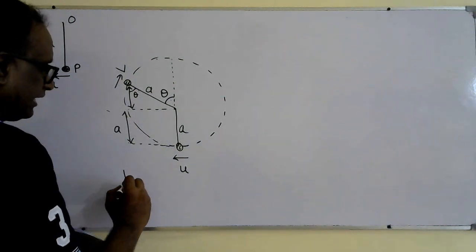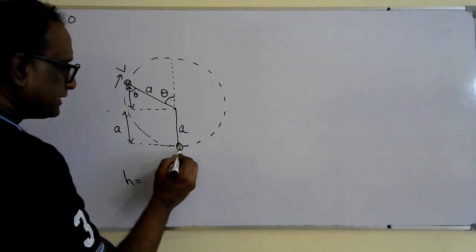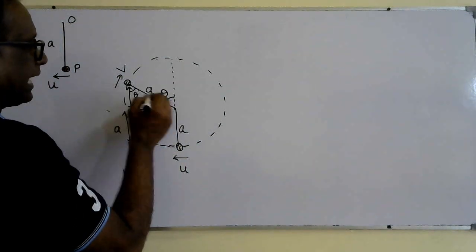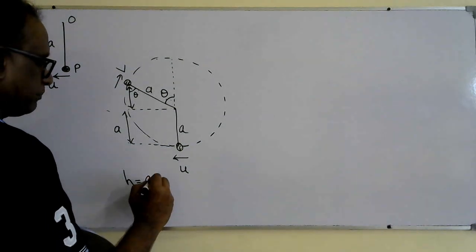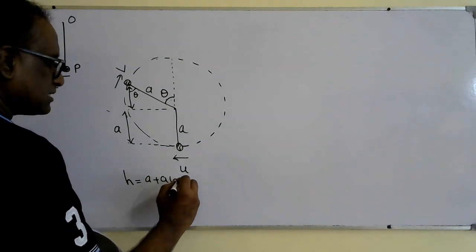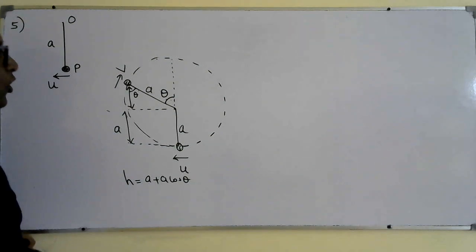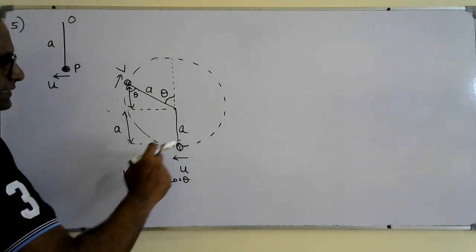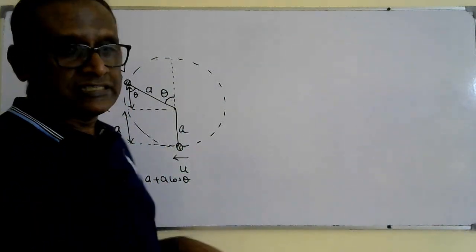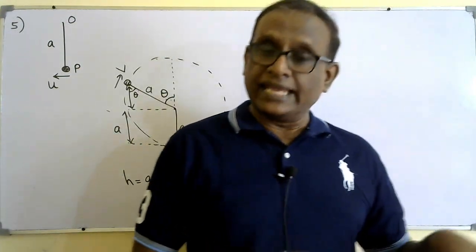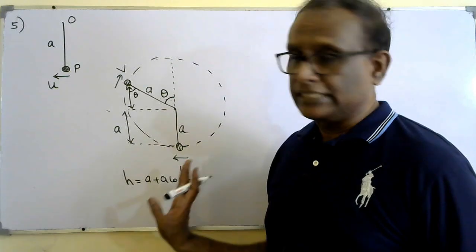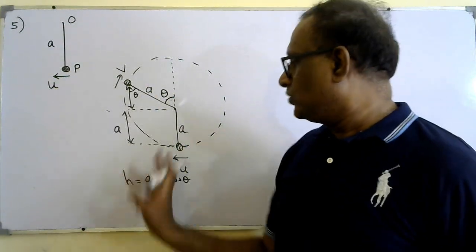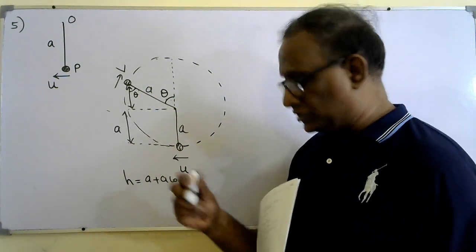The vertical displacement h is equal to a plus a cos theta. So by using conservation of energy, loss in kinetic energy equals gain in GPE, we can get a relationship in terms of v, u and theta, with a also.